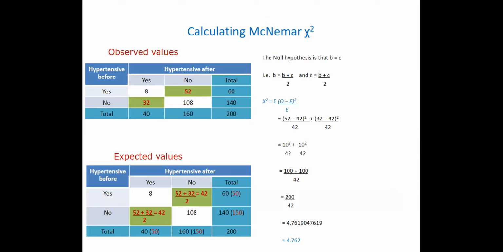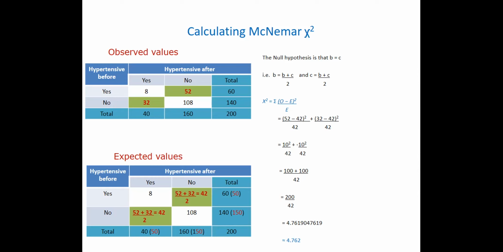Now, if you look at it, we have already said 52 and 32 are the discordant. We want to know if this intervention has done anything. So you don't have business with something that doesn't move. 8 were hypertensive before and after. 108 were not hypertensive before and after.